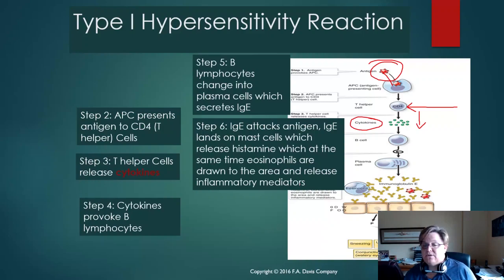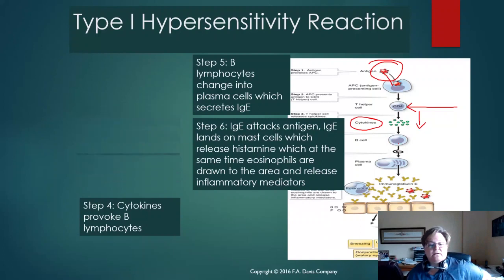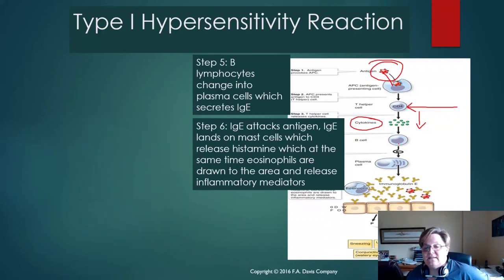Same with histamine, which we'll talk about in a little while. The cytokines provoke or attack B lymphocytes, and those B lymphocytes then, when they have the cytokines attached, change into plasma cells, and the plasma cells secrete IgE.